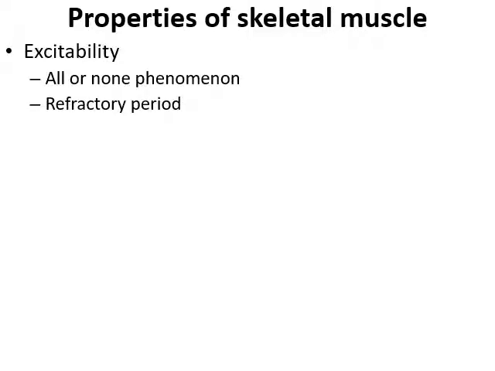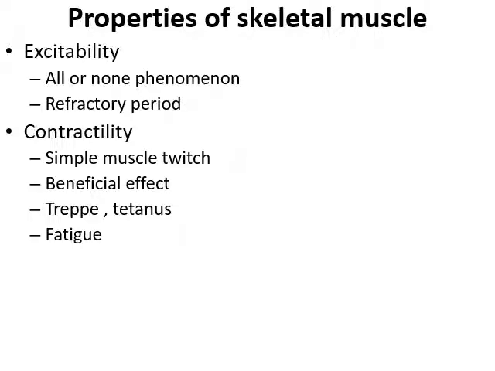In the same way, skeletal muscle owns certain characteristic properties which are called properties of skeletal muscle. They are excitability, which obeys all or none phenomena, and it has a refractory period. And then contractility, which shows treppe and tetanus, and the skeletal muscle has a property of undergoing fatigue.